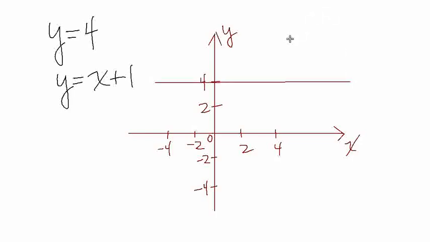And the second linear equation corresponds to a line with a y-intercept of 1 and a slope of 1. So that will look like this. So the solution corresponds to the point denoted by that red dot, or 3, 4.